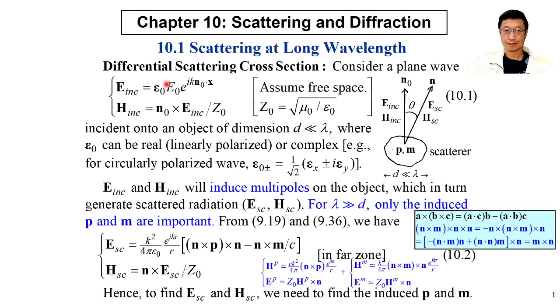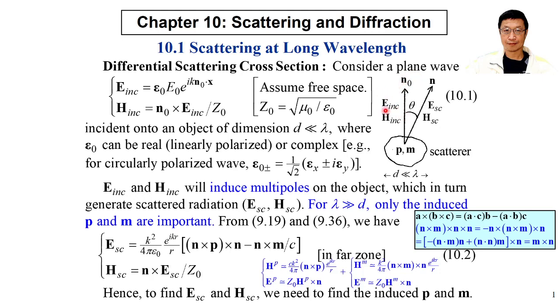Okay, so let's consider the differential scattering cross section. The major difficulty of this section is that we will define many things. For example, we have an incident wave from this direction. The direction of the incident wave will be n0.